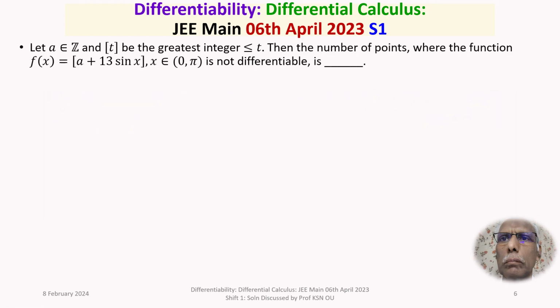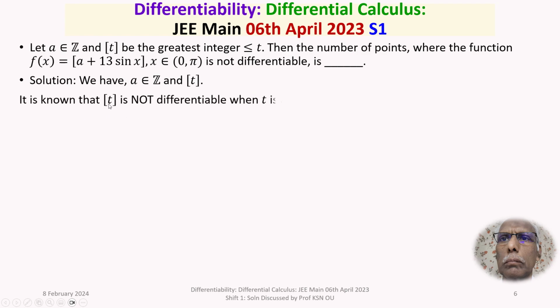We now discuss the solution of the problem in detail. We have a is an integer and [t] is the greatest integer function of t. Let's recall the properties of [t]. It is known that [t] is not differentiable when t is an integer.